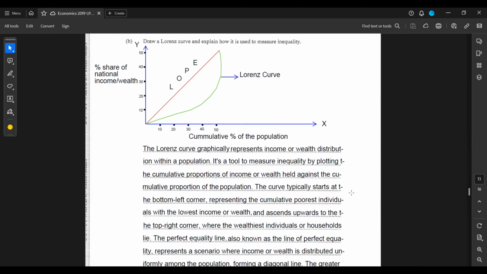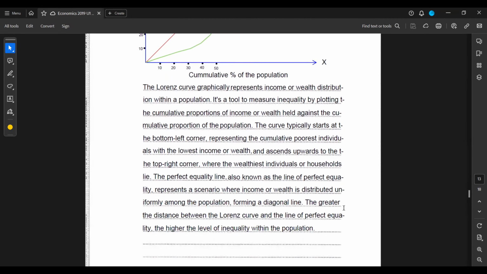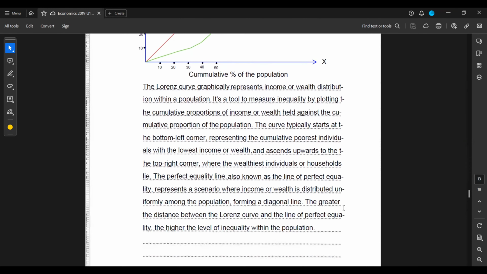It's a tool to measure inequality by plotting the cumulative proportion of wealth or income held against the cumulative proportion of the population. The curve typically starts at the bottom left corner, representing the poorest individuals with the lowest income or wealth, and ascends upward to the top right corner, where the wealthiest individuals or households lie.